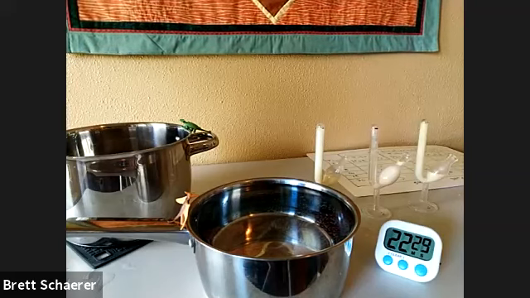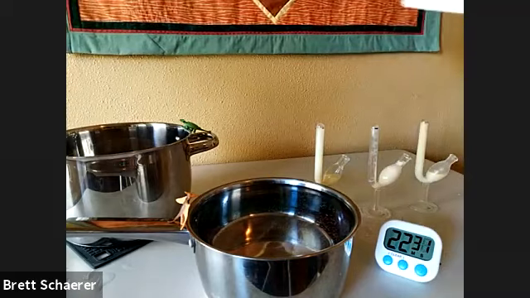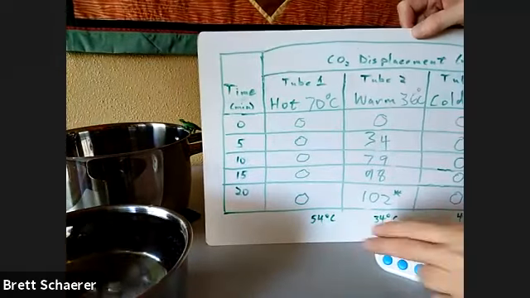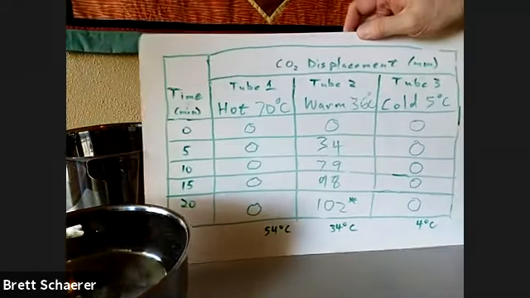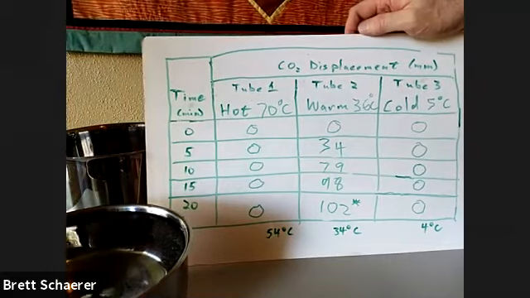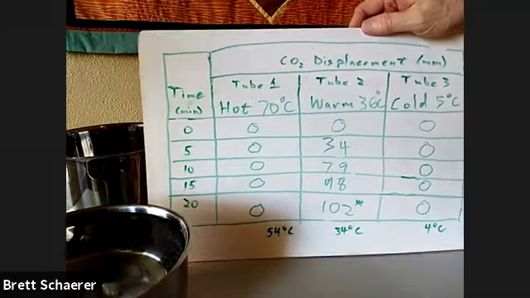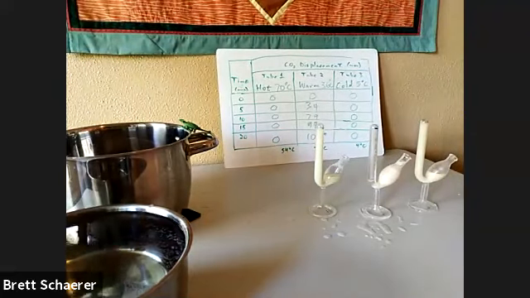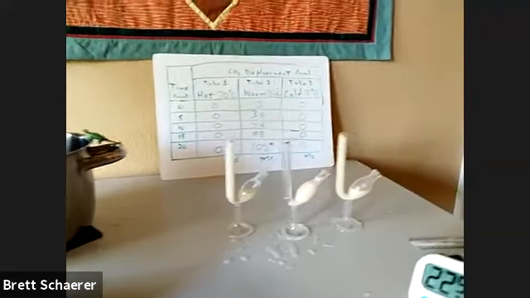And here is our data for these different tubes. One last thing I'm going to do, I'm going to let these tubes sit out at room temperature for a little while longer.